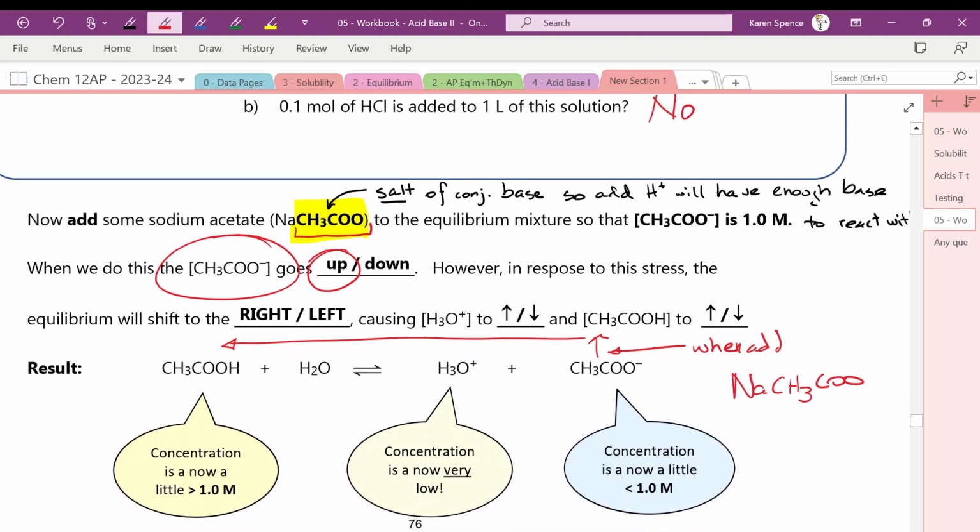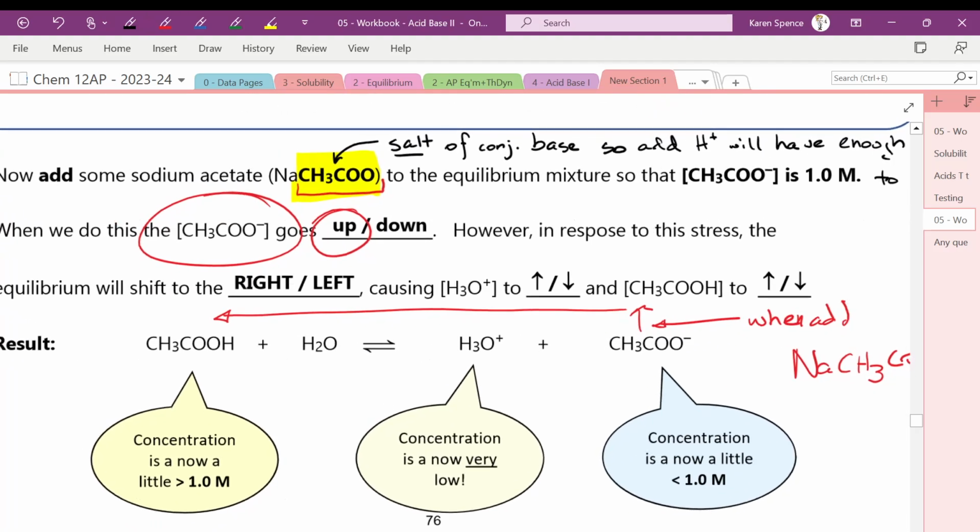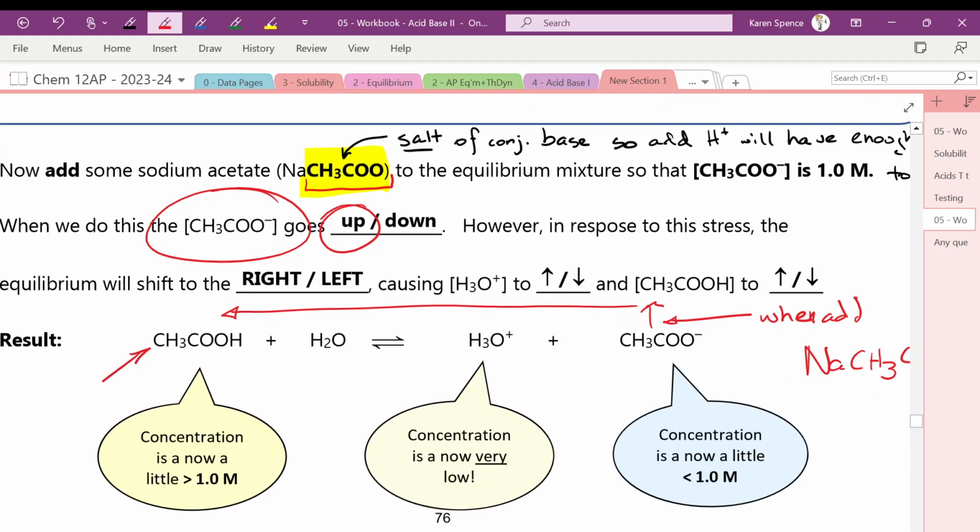Now remember that CH3COOH started at 1.0 molar. So now that we have shifted left, the concentration is now a little bit more than 1.0 molar, because we've shifted left with the addition of the base.